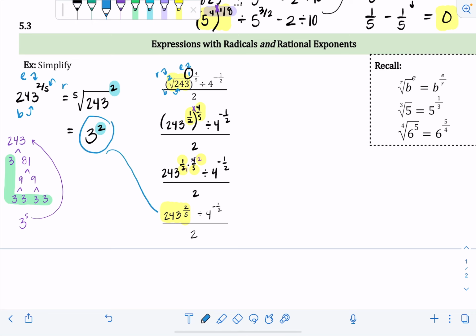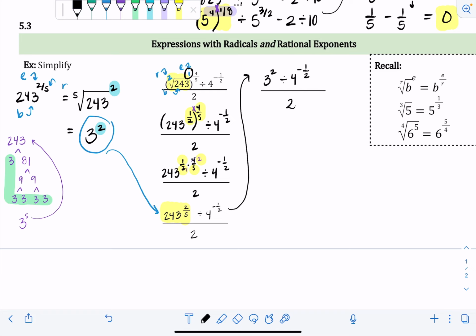So I'm just going to pop this in here. Now I'm going to bump this up because I ran out of room. That 3 squared is going to replace the 243 to the 2/5, so 3 squared, divided by 4 to the negative 1/2 power, and then that's over 2.